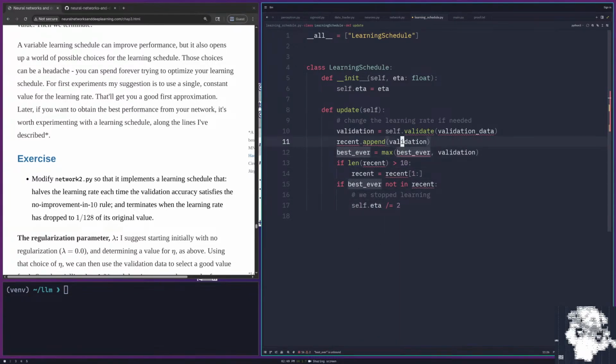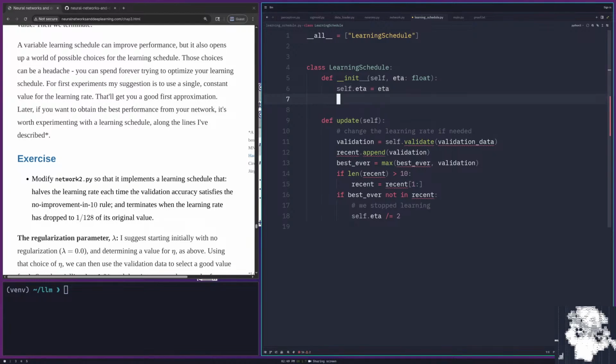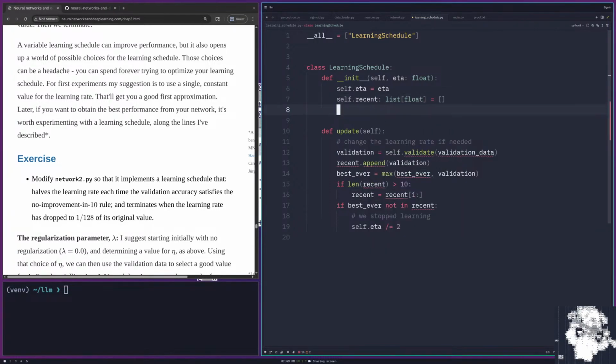So we want to keep track of self.recent. So list of floats. Self.best is a float. I don't know how we validate. Maybe we'll take that as an input. And this doesn't return anything. Neither does this.